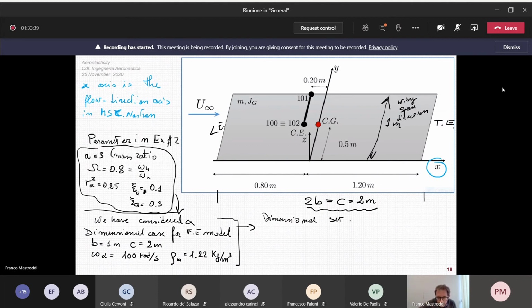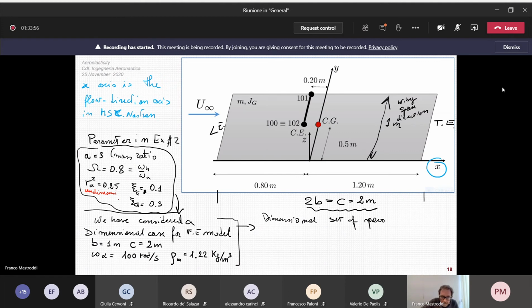Of course, when you have a nondimensional set like this, you are representing a class of problems with the same parameters.